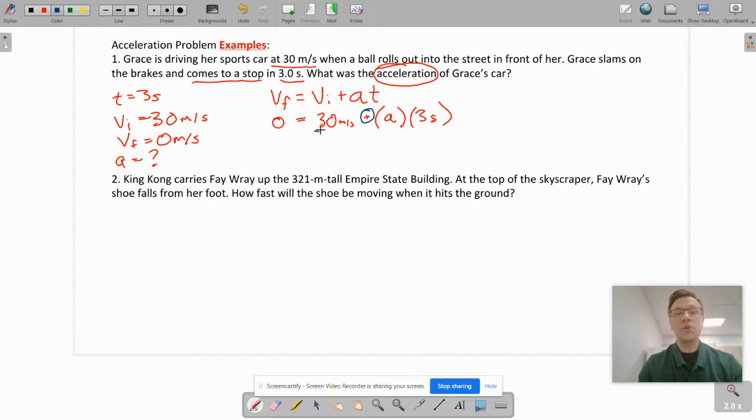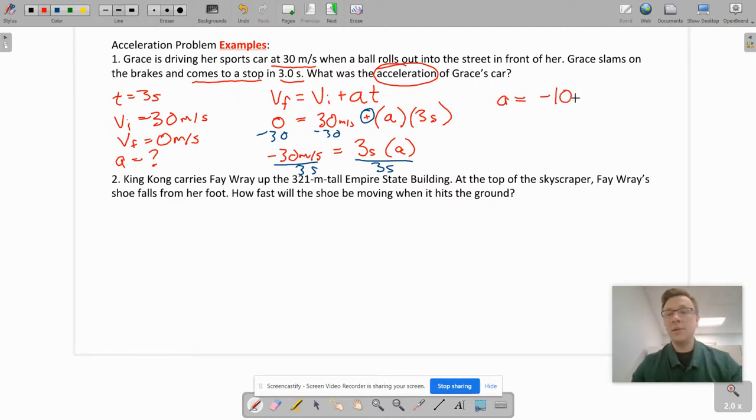So if I subtract 30 from each side, that will get that off of there. Now I will be left with negative 30 meters per second is equal to 3 seconds times acceleration, right? So the next step here would be to divide by 3 seconds on each side. And that is going to give us an acceleration of negative 10 meters per second squared.